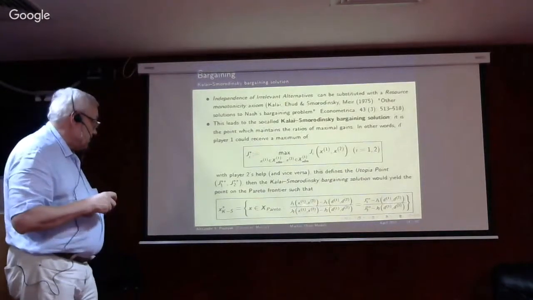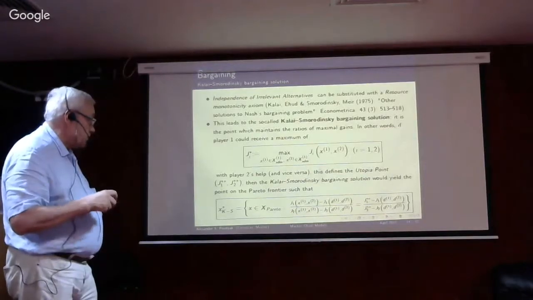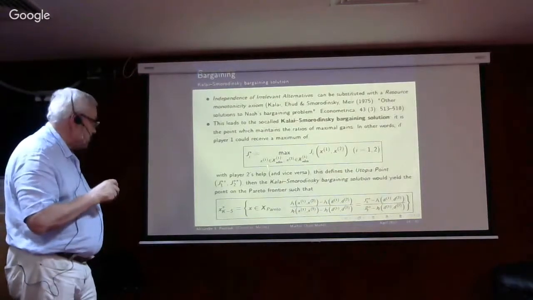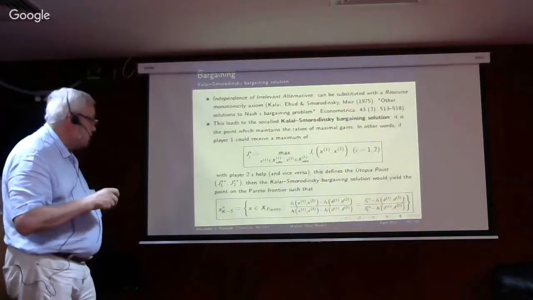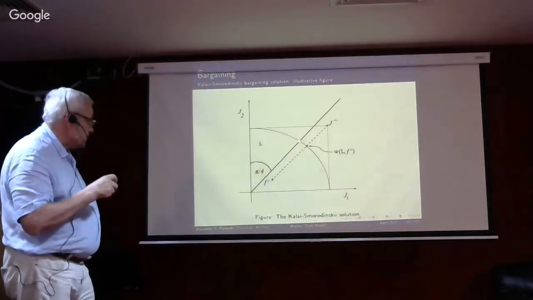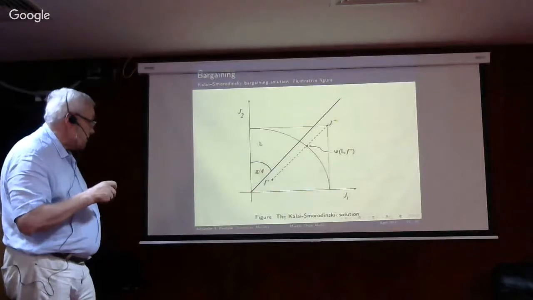It corresponds to the solution of this relation. This one is Kalai-Smorodinsky, and this is Nash. So this is the difference.